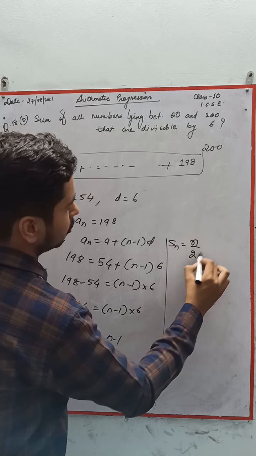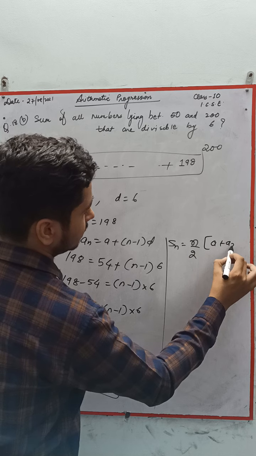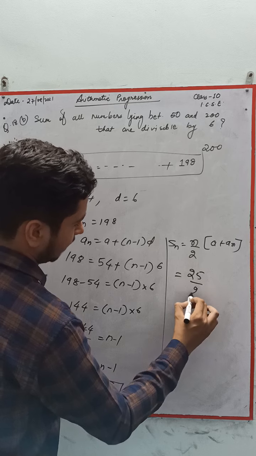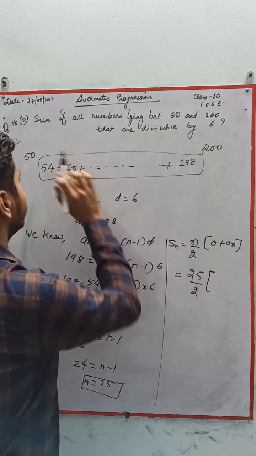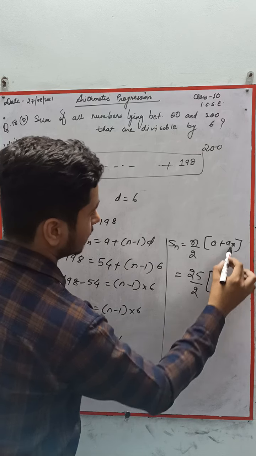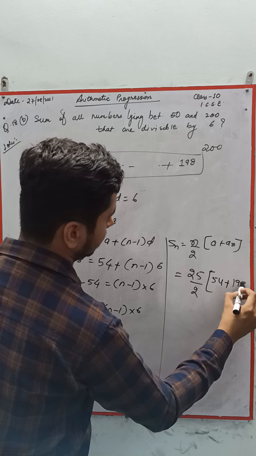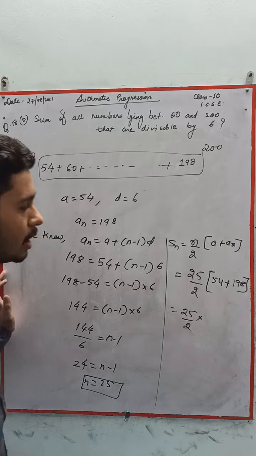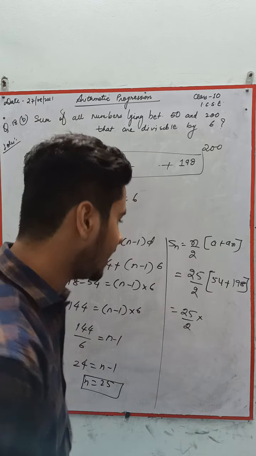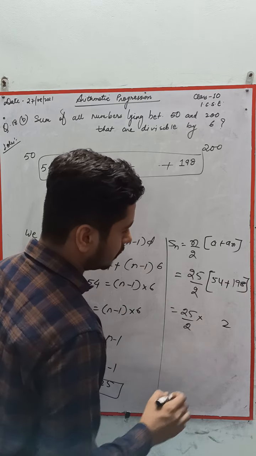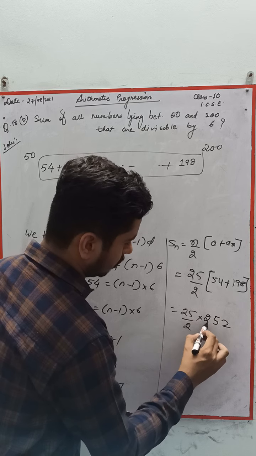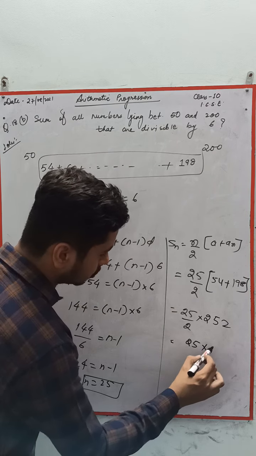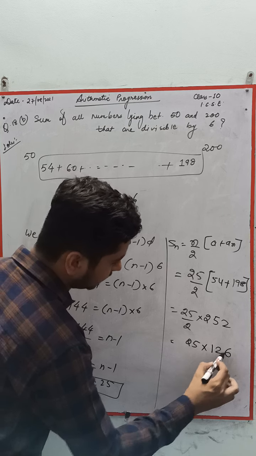We will use the Sn formula n upon 2 bracket a plus an. In place of n, we can put 25 by 2 bracket a, which is 54, plus an, which is 198. So 25 by 2 into 54 plus 198, you will get 252, or 25 into 126.